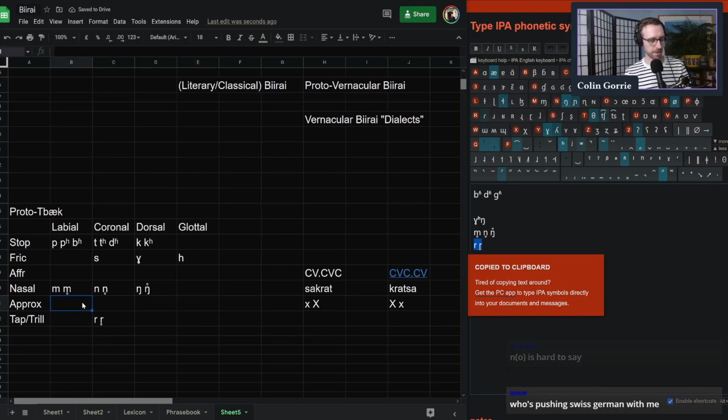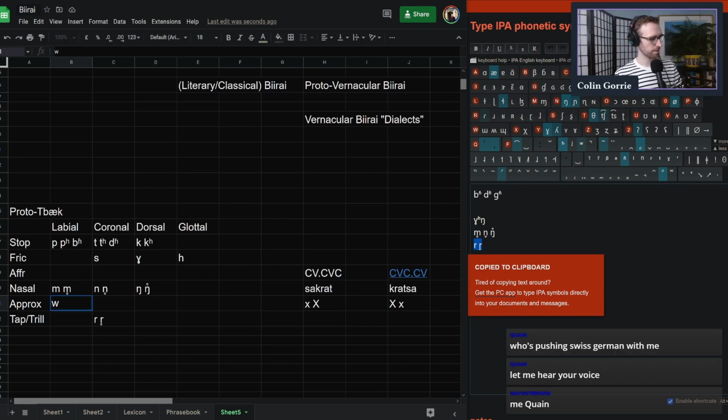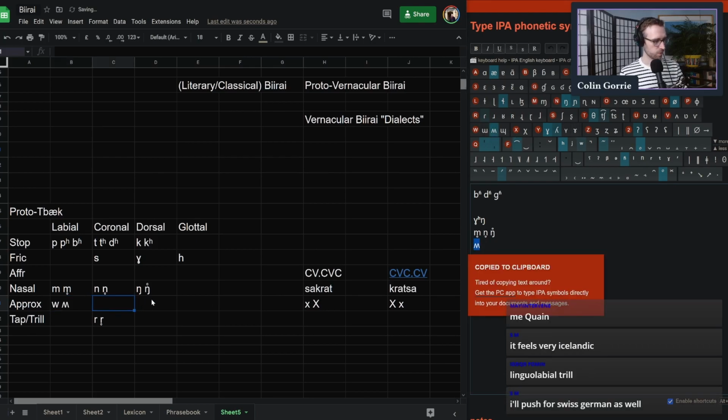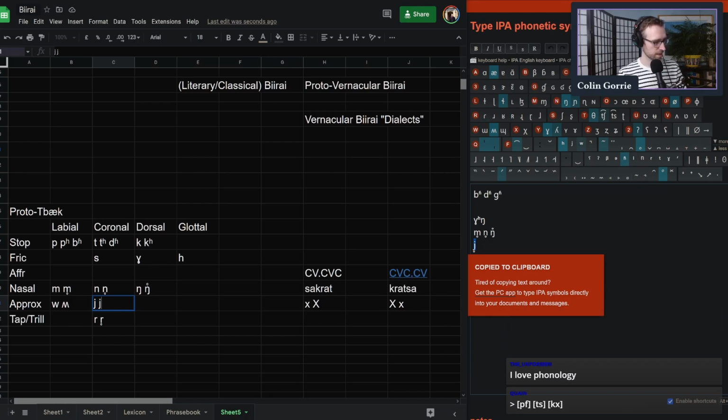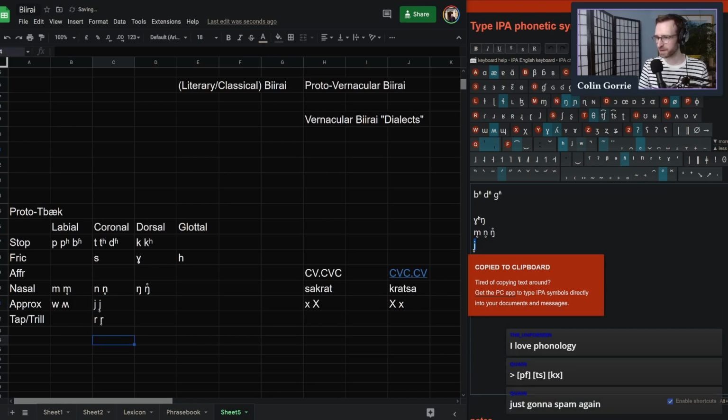I think we probably want a w and a hwa as well. And why not also put in a y and a h? This is going to be pretty unstable. It's going to be awesome. There we go. Friends, what do we think?